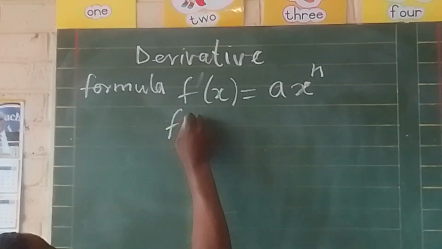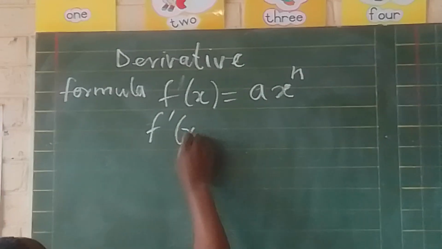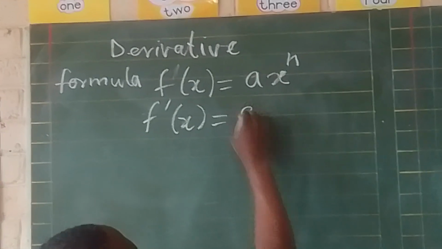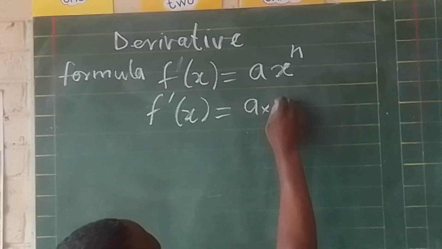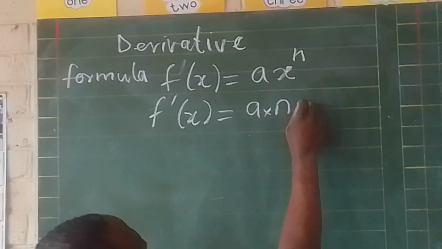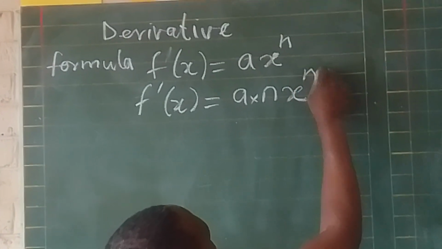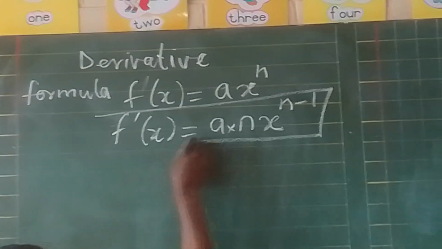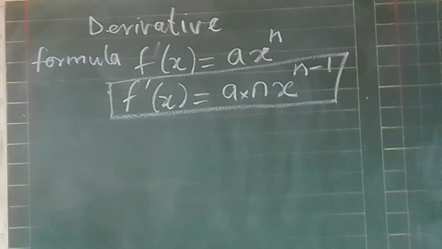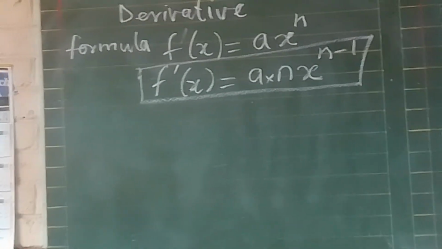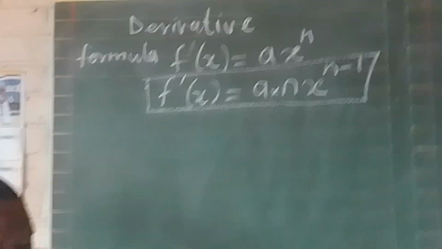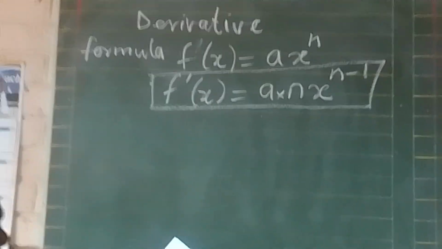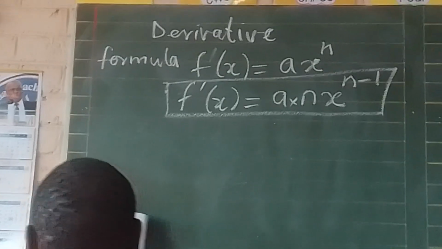When you find the derivative, it is going to be a multiplied by n, x to the power n minus 1. This is the formula that we will be using to find the derivative of a function or of a specific expression.